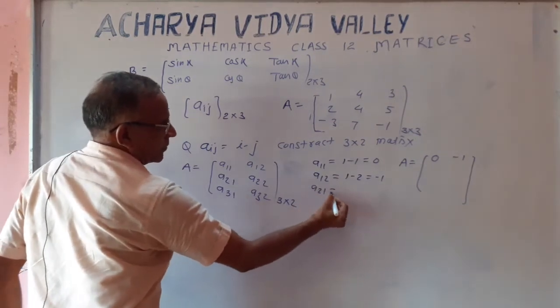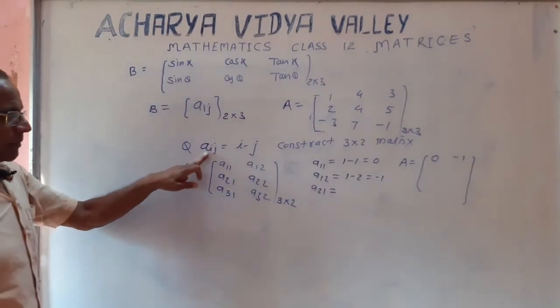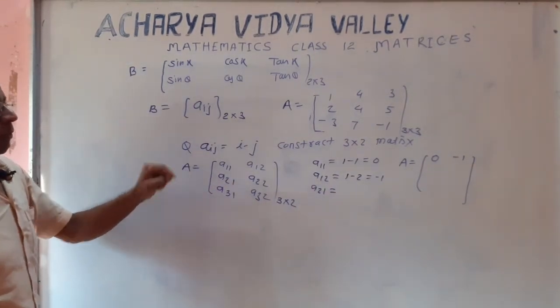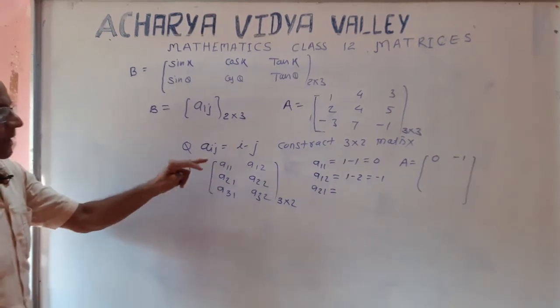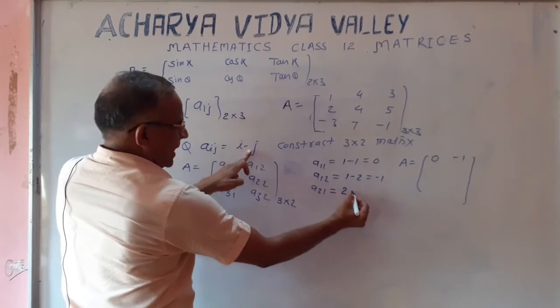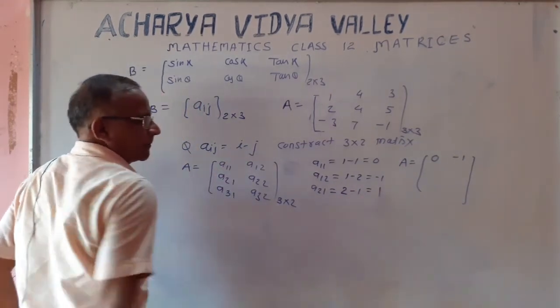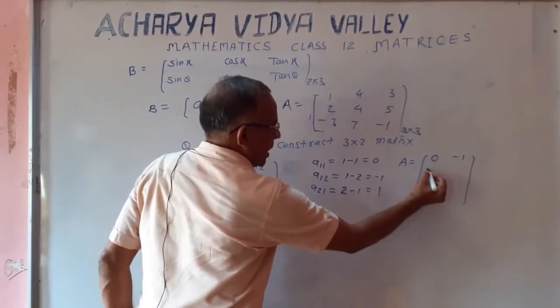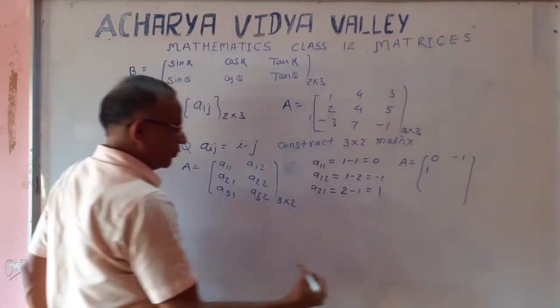A21: put in the general formula i equal to 2 and j equal to 1, so 1, hence the value of A21 equal to 1.